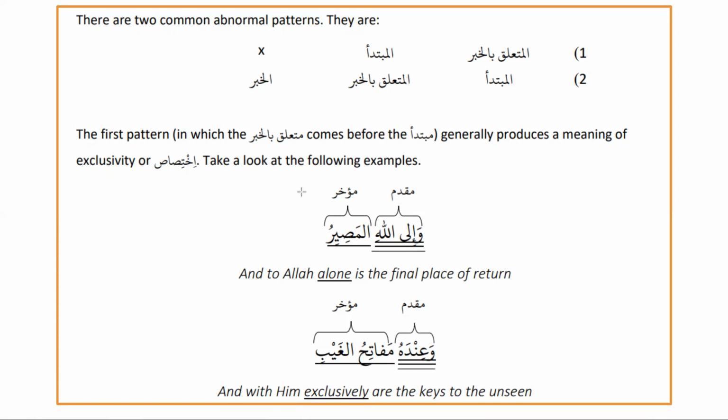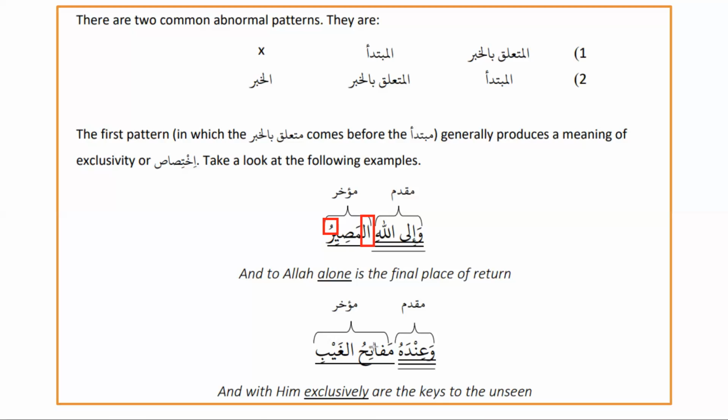One more thing. Look, in both of these examples, al-masiru and mafatihul ghaib. Al-masiru is rafa. What about the type? Al-masiru is marfa with al, marraf bil lam, right? Al-masiru is proper noun. Over here, mafatihul ghaibi.